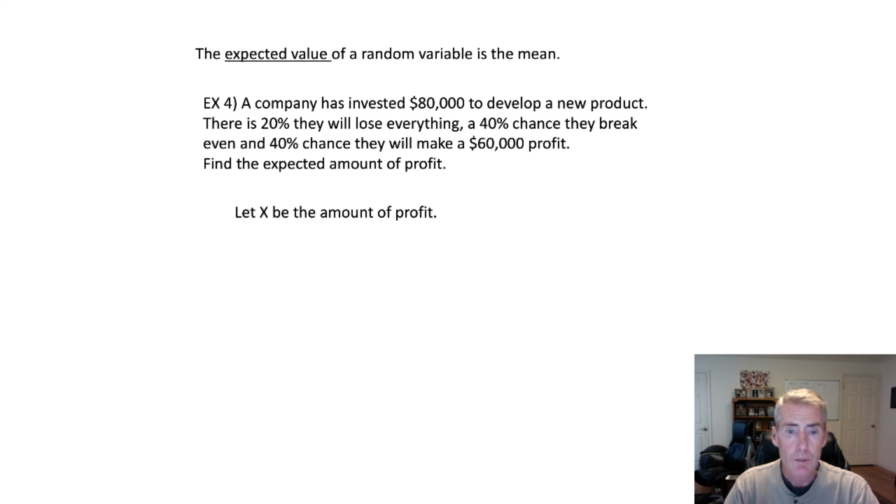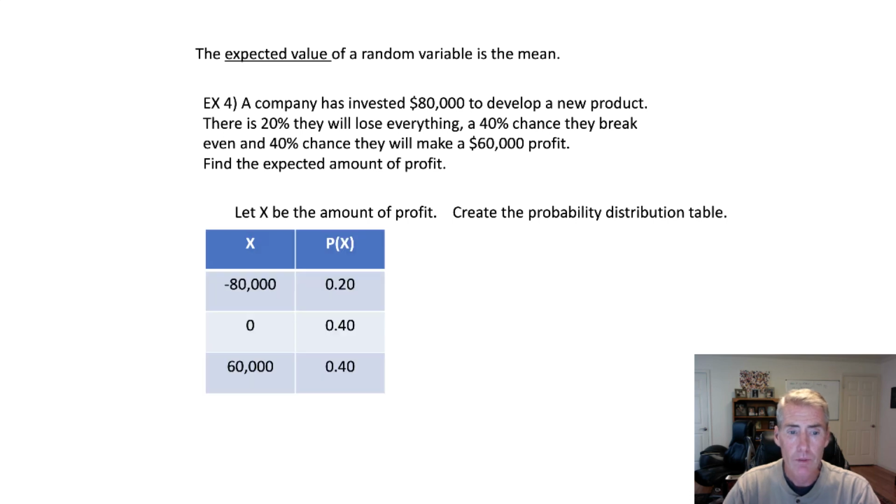So I'll let X be the amount of profit, and then I'm going to make a little table. Since X is profit, it's possible that they lose their $80,000. That's a 20% chance, but I make that a decimal. It's possible they break even, which means 0 profit. That's a 40% chance. And then they could make a profit of $60,000, and that would be a 40% chance.